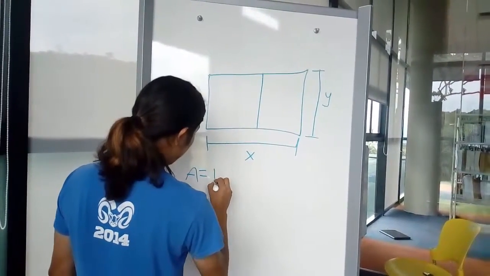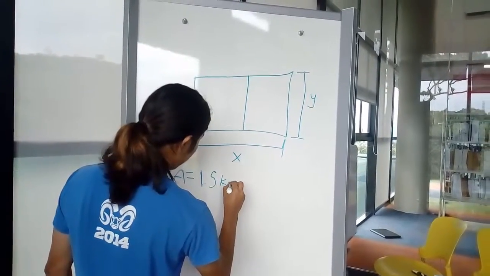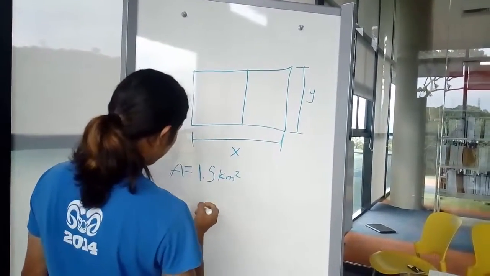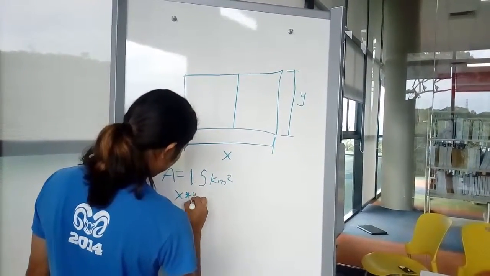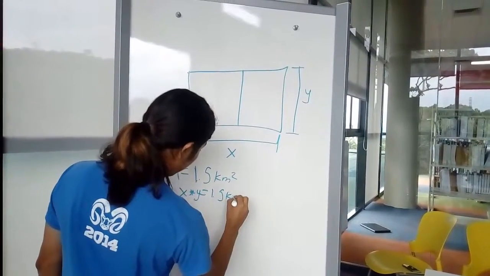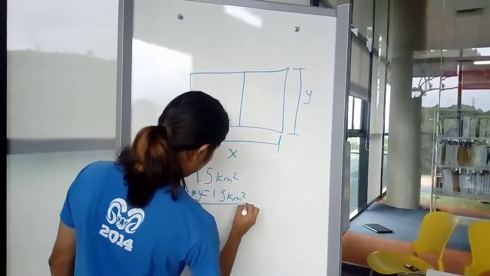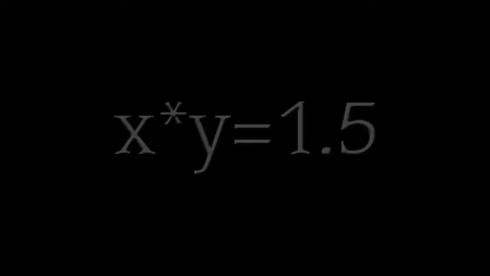The problem says that the area of the field is 1.5 square kilometers, and since the area of a rectangle is equal to the base multiplied by the height, x multiplied by y is equal to 1.5 square kilometers. Then we get our first expression, x times y equals 1.5.